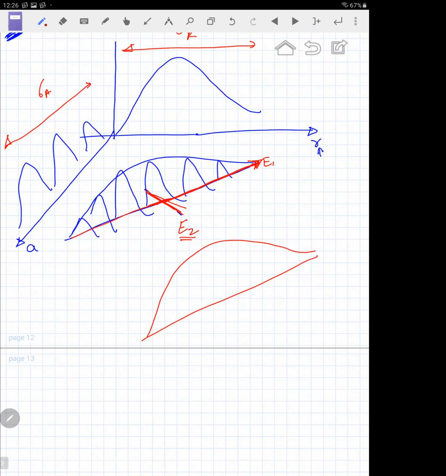To be very sure, E1 has no resemblance to the age or the price. It has a lot of information from the variable price, but it is not equal to the variable price. E2 is actually over here, and this is the distribution along E2.